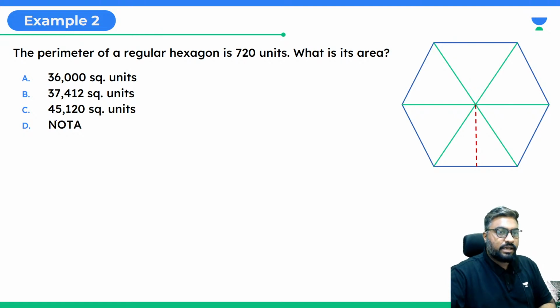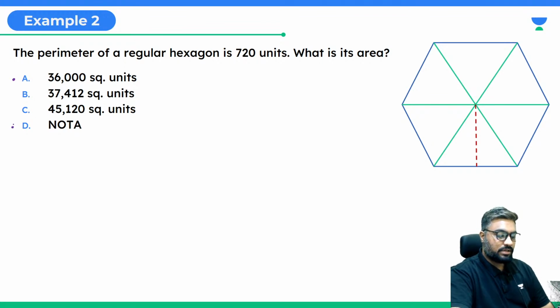Priyanshu says A, 36,000. Okay. Dinesh says D. All right. Okay, we're looking for approximated answers, huh? Approximately.